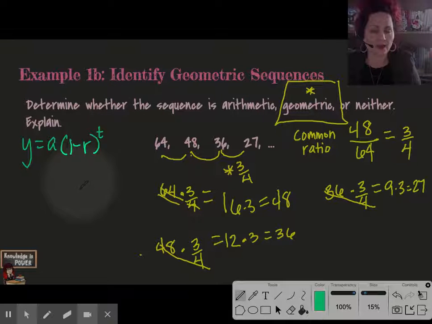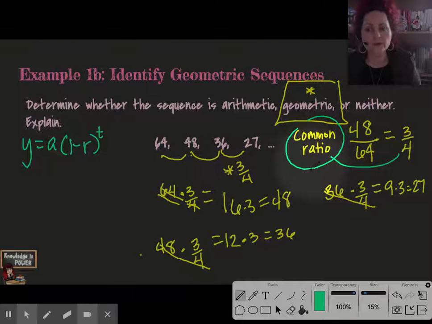Or x, I forget, one of the two. But what would our rate be? I mean, this common ratio, we know we have a common ratio of 3/4, otherwise known as 0.75. And so is that r or is that 1 minus r?